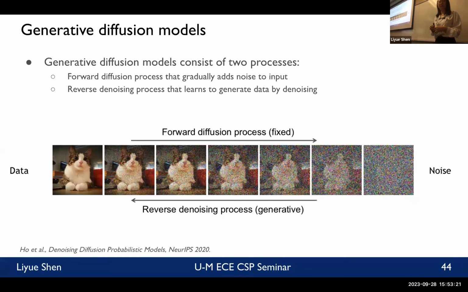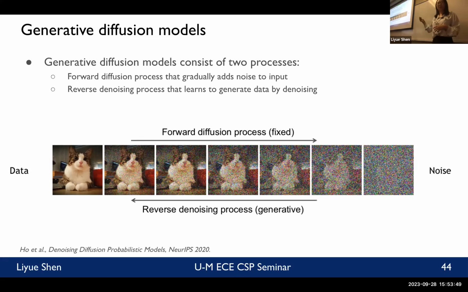To give some brief background about generative models, I may not be able to cover all the details here, but I just want to give you some high-level insight. What is the diffusion model? It's trying to capture the data distribution in a generative way, like the GAN-based models that we have already seen. There are two main processes in the diffusion model.